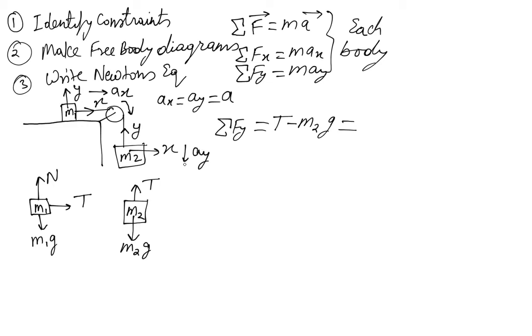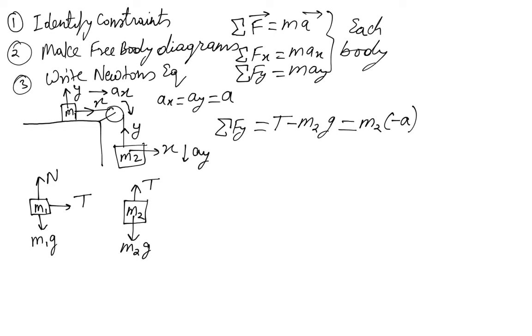Since y has been defined upwards, it is a negative acceleration. So this is going to be m2 times minus a, where a is some number. There's nothing in the x-axis.